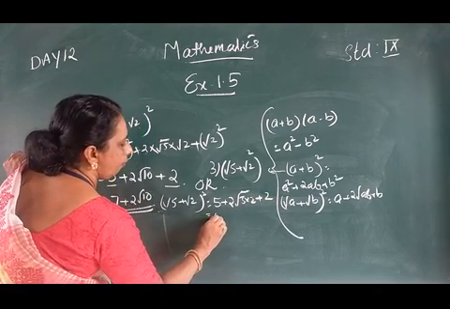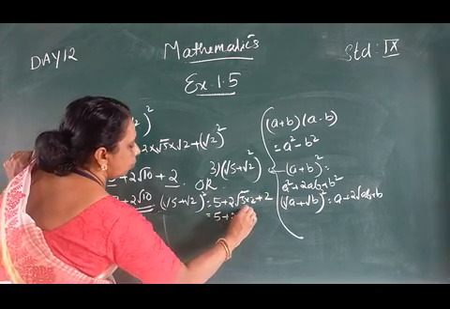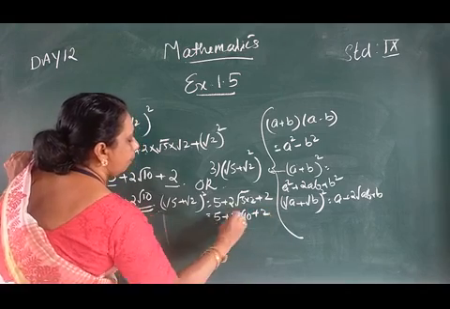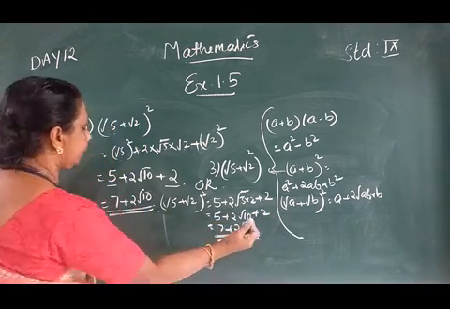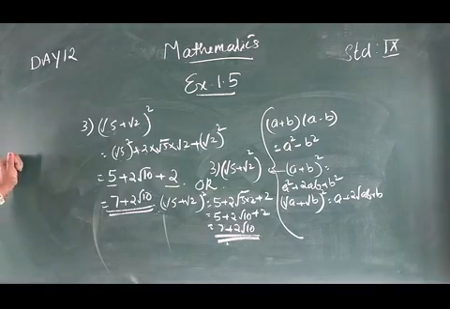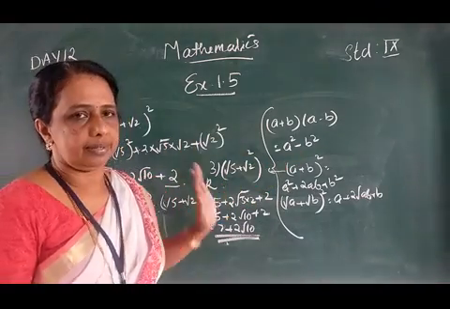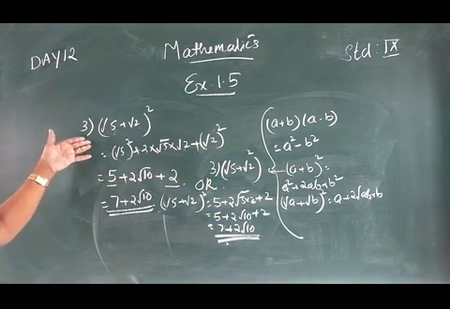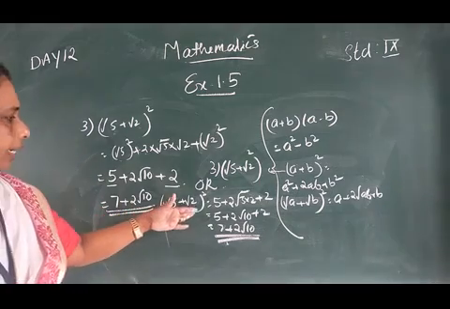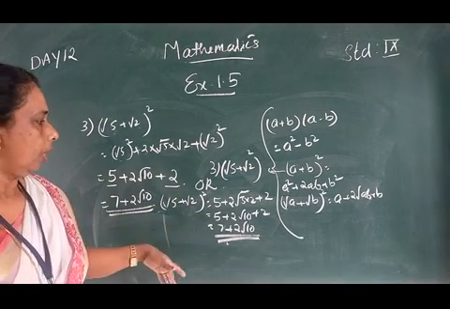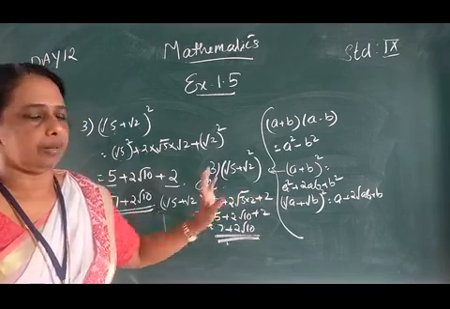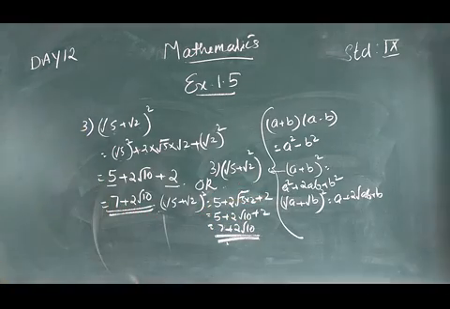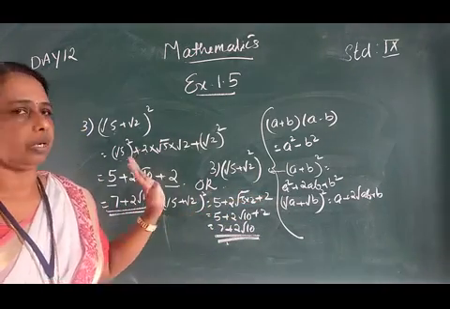That's equal to 5 plus 2 root 10 plus 2, that is 7 plus 2 root 10. Any method you can use. This identity you already know by heart, so I am using that first identity. Second identity is based on the square root, that is A plus 2 root AB plus B. Same answer. Any one of the identities you have to use.